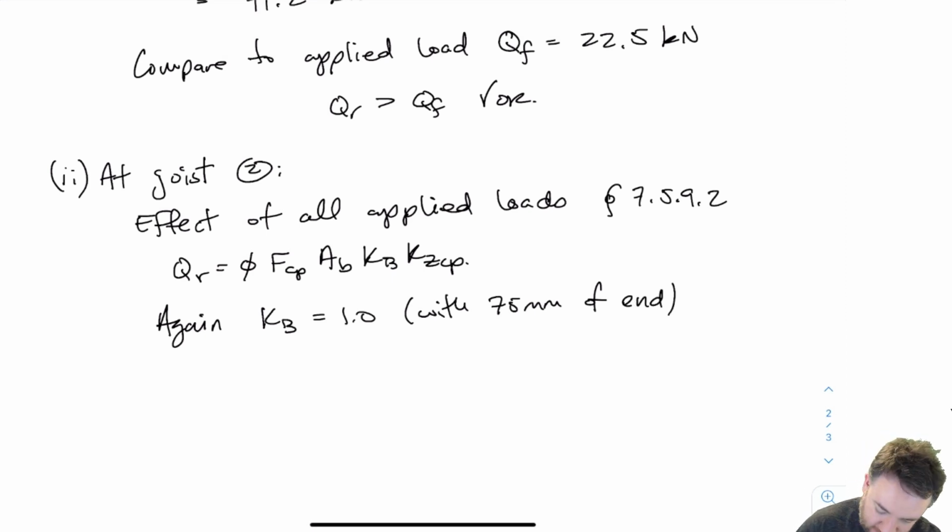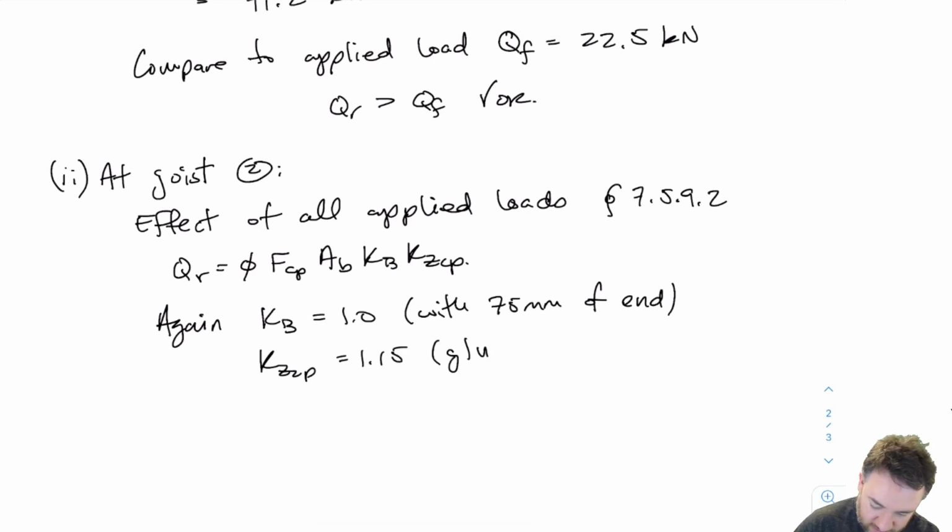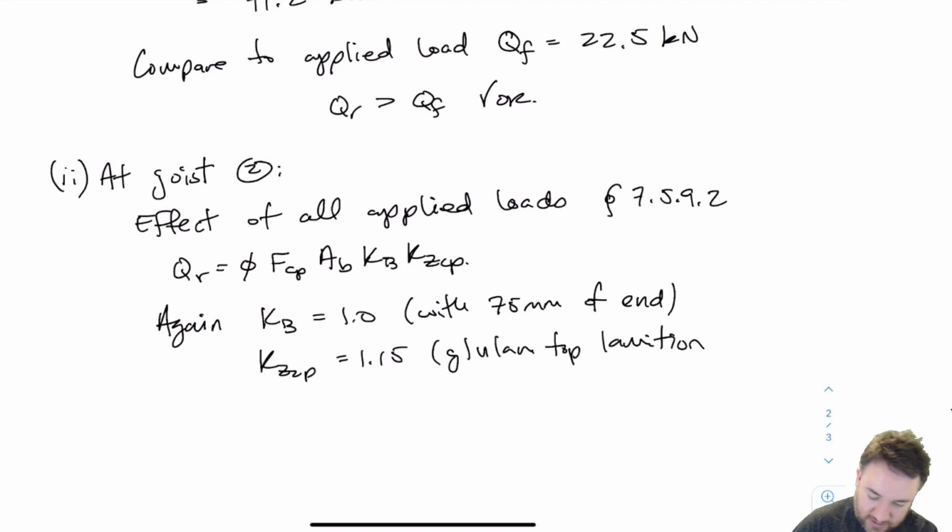Okay, and KZCP is still equal to 1.15 because now we're talking about the top surface instead of the bottom, but the glulam top lamination geometry stays the same. That's not how you spell lamination, nor is that a proper M. Lamination as above, so same as what we did before.